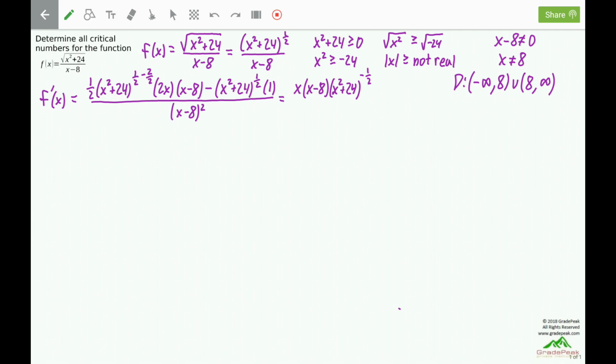The second term is 1 times that negative expression, and 1 times anything is itself, so it'll just be the negative expression of x squared plus 24 to the 1/2 power. And all of this is over x minus 8 squared.